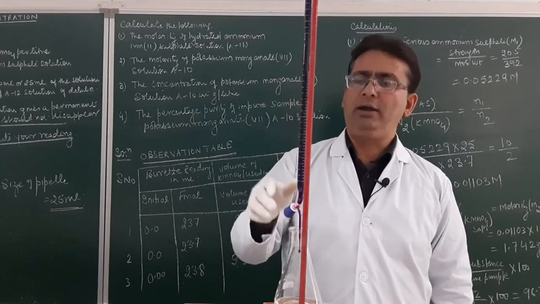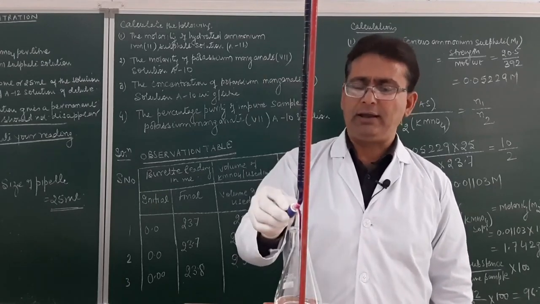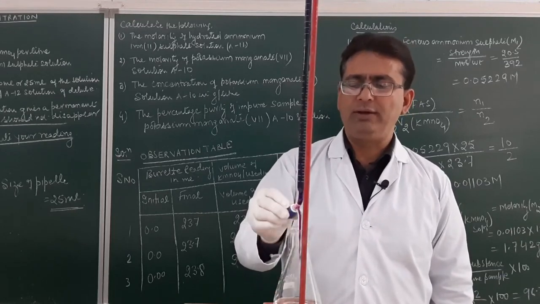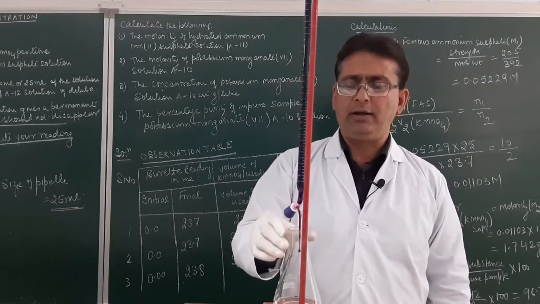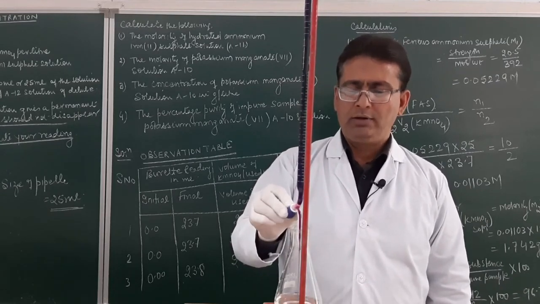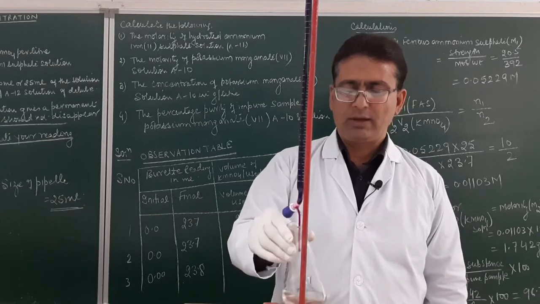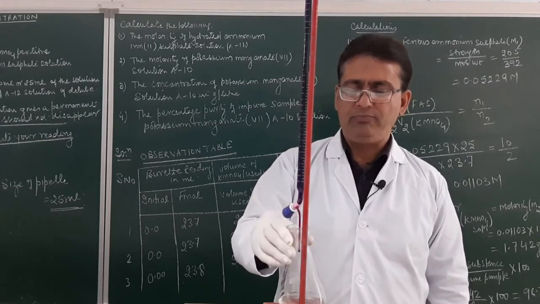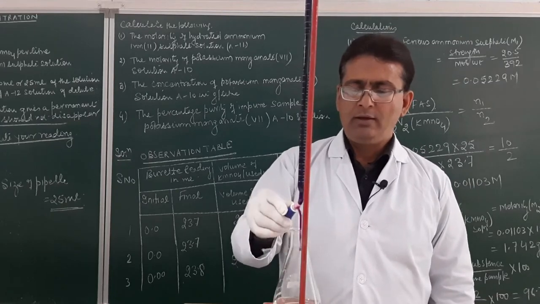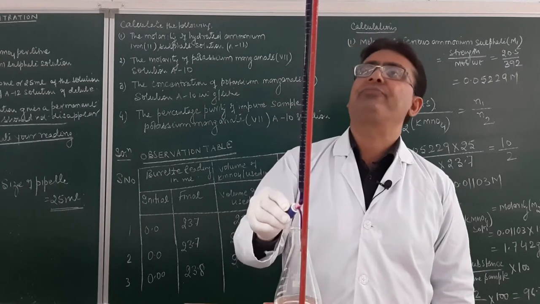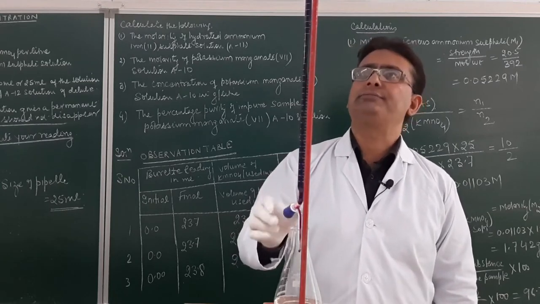You can see over here, I am continuously adding KMnO4 solution into the mixture of ferrous ammonium sulphate and dilute sulfuric acid. When this gets oxidized, it will result in the formation of a persistent pink color. Ferrous sulphate will be oxidized to ferric sulphate. Just see over here.